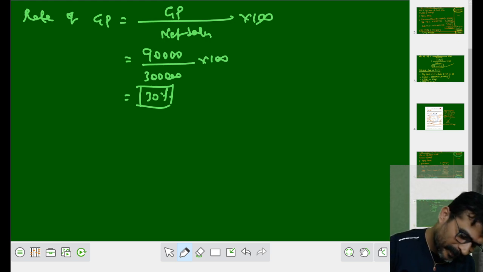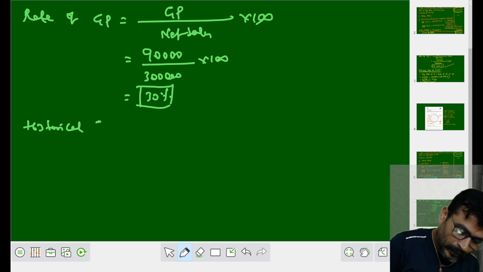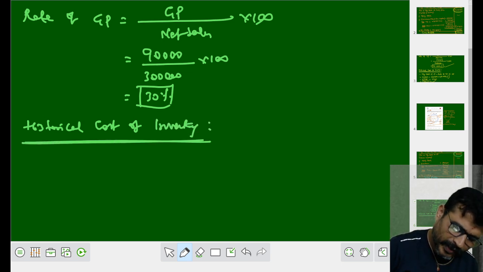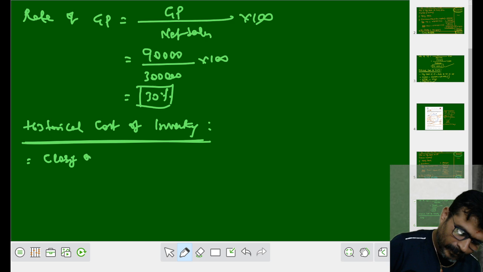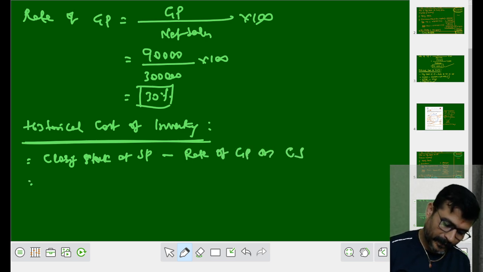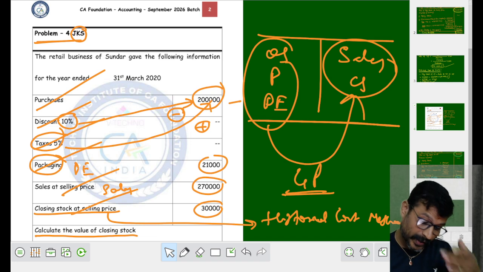Afterwards, what to do? That is the historical cost of inventory. How to work out the historical cost of inventory? Closing stock at selling price minus rate of GP on closing stock. What is the closing stock at selling price?